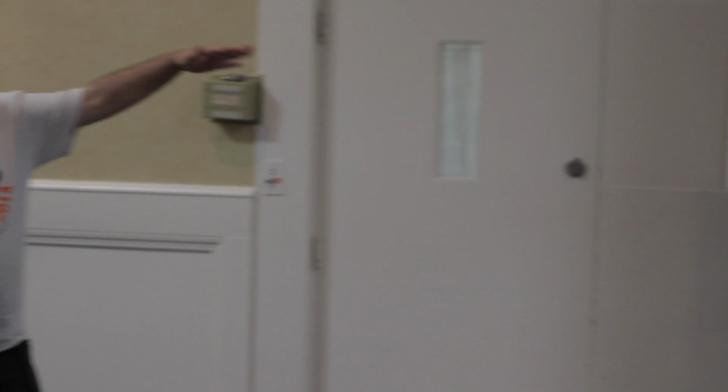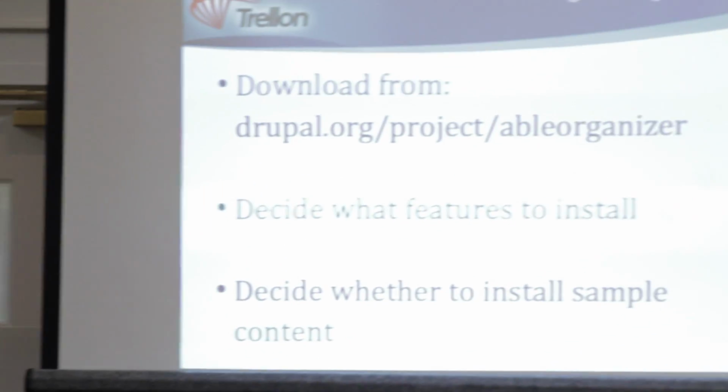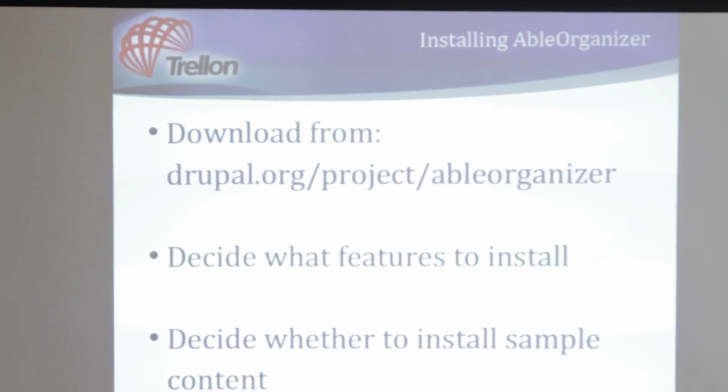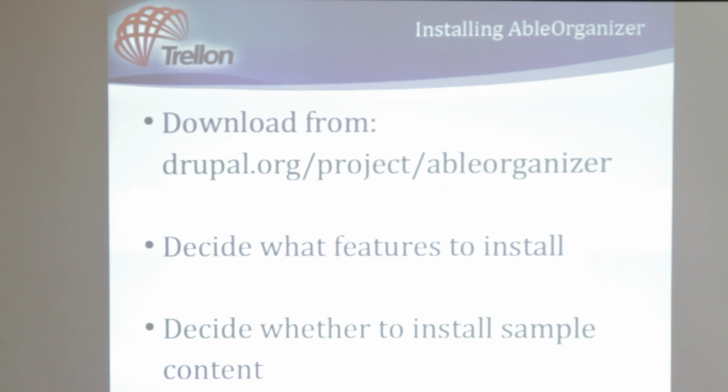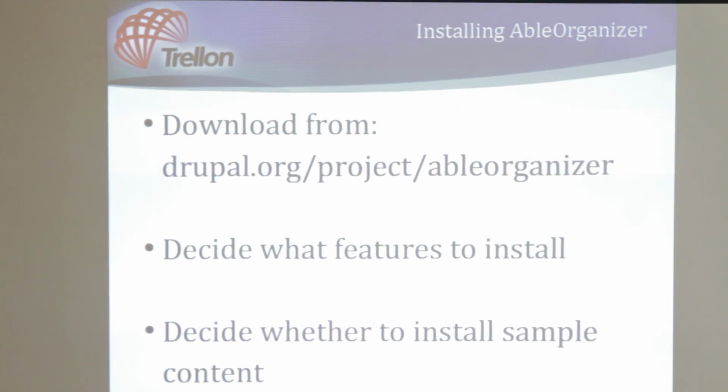So I'm going to start off just really quickly going through some basics about installing it. It's a project on Drupal.org, so you just download it from Drupal.org/project/AbleOrganizer. During the installation profile, you're going to get asked a few questions.